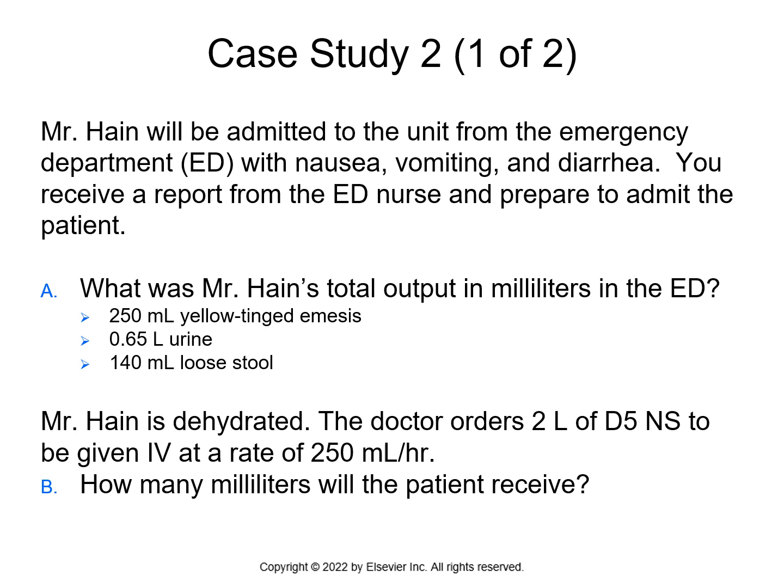Okay, so if you move the decimal 3 places to the right, you end up with 650 milliliters of urine. And then we move on to 140 milliliters of loose stool, which is in milliliters, so we're good to go. Now I need to take my amount, so 250 milliliters plus 650 milliliters plus 140 milliliters. Okay, so that's part A.